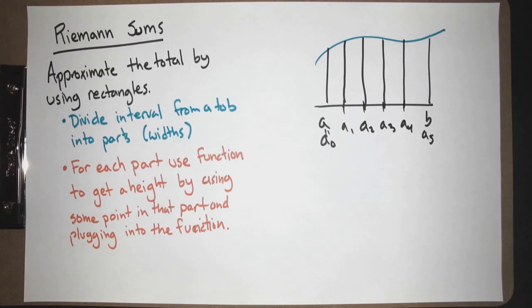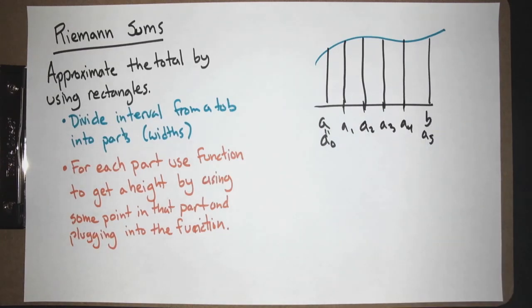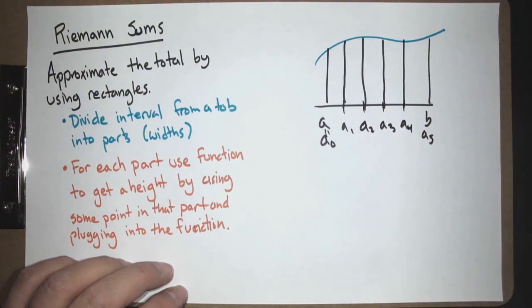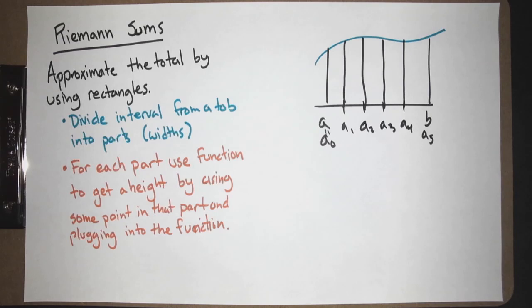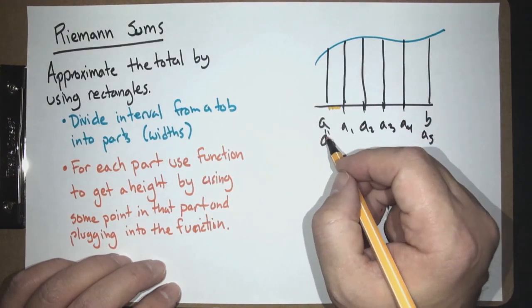Now, we're chopping up the interval from A to B. That's the downstairs, that's one dimension. Now we need a height. So how do we pick a height? Well, for each interval, we pick a location.